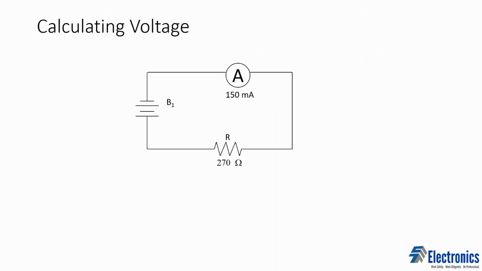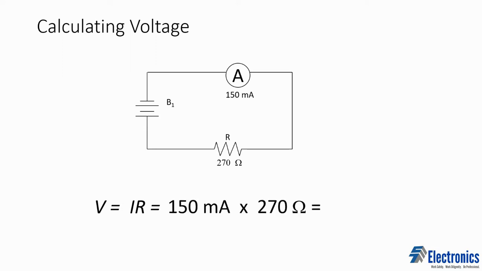Here's our last example. Here we have an unknown voltage on the left-hand side. We have an amp meter reading 150 milliamps and a resistor or a resistance of 270 ohms. So using Ohm's law, if we cover up the V on our chart, we're left with I times R, which is current times resistance.